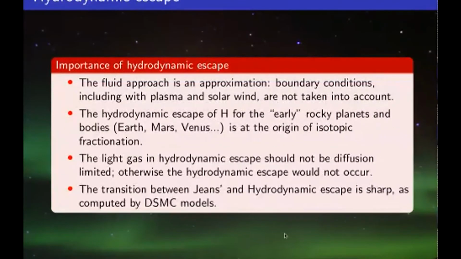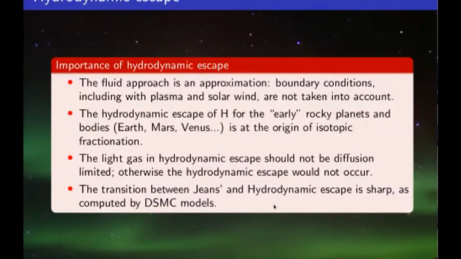Then if we go to the hydrodynamic escape, we have to understand that it's extremely important for the escape of hydrogen in the early rocky planet. And it's at the origin of isotopic fractionation of gases heavier than hydrogen. So we have to be very careful when we speak about the history of a planet's atmosphere.